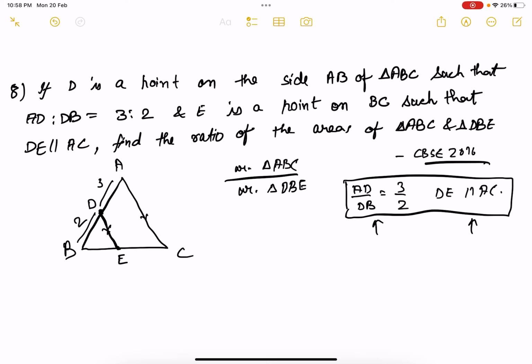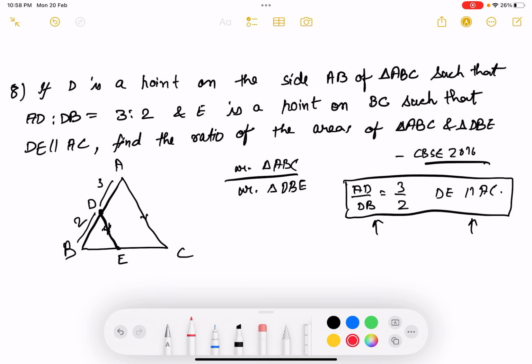Again the triangles will be similar. Why? Because the line DE is parallel to AC. So these corresponding angles will be equal. So by AAA similarity, triangle DEB is similar to triangle ACB.